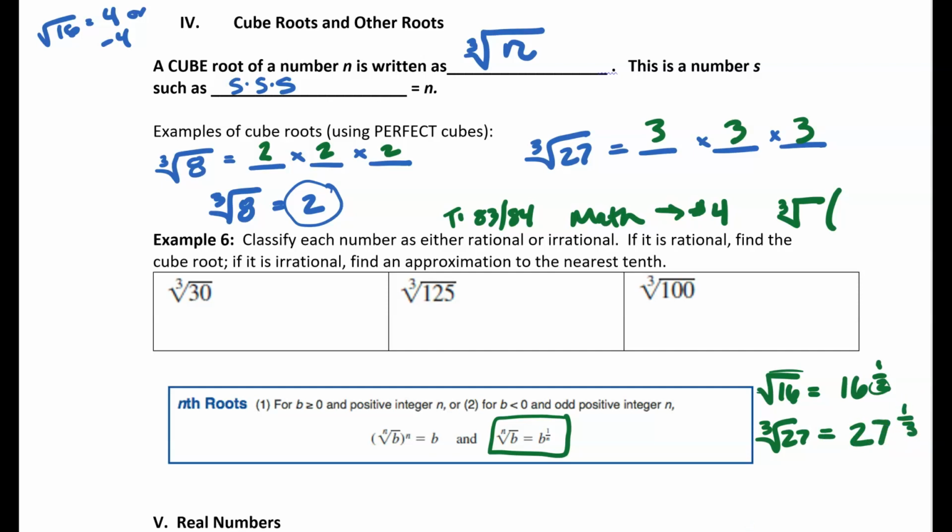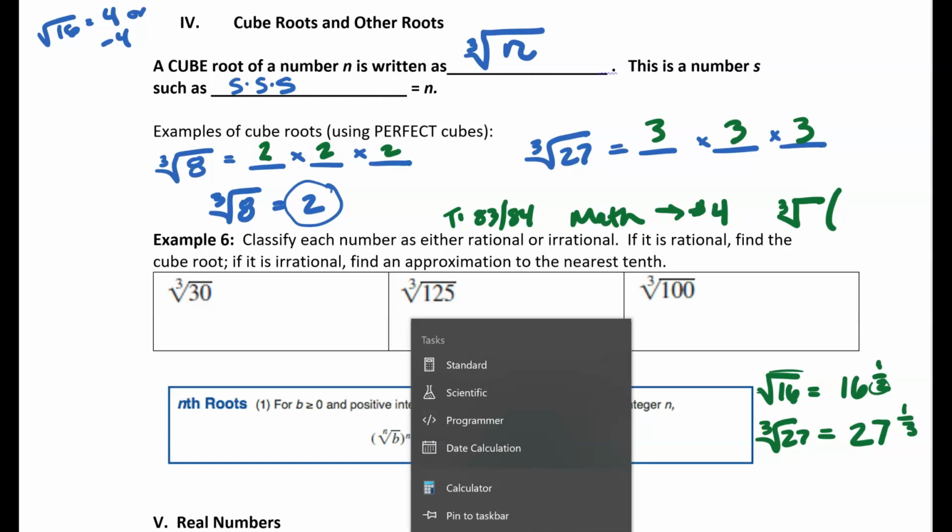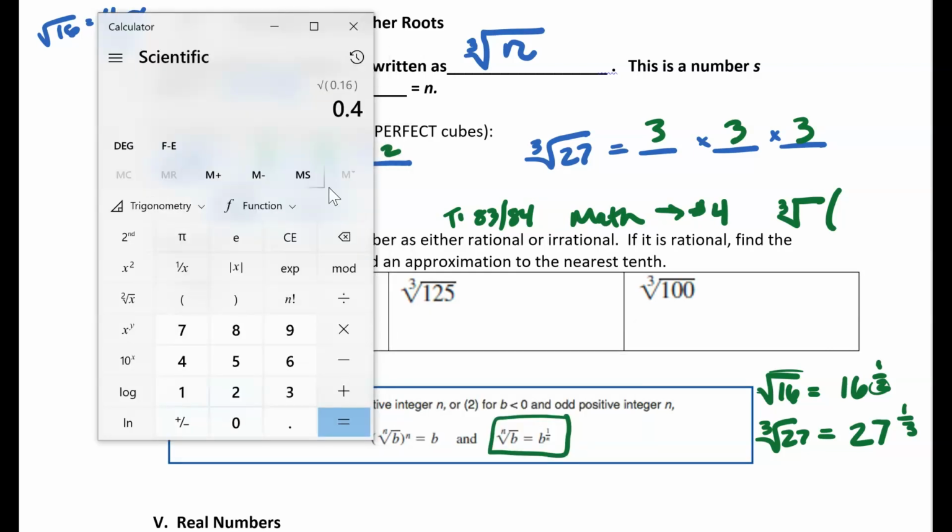If you had a scientific calculator like this one, you could do 27, then this exponent button, then a parenthesis, 1 divided by 3, so the 1/3 power, and hit enter, and you end up getting 3. So 27 to the 1/3 power is equal to 3, which is what we found up here.